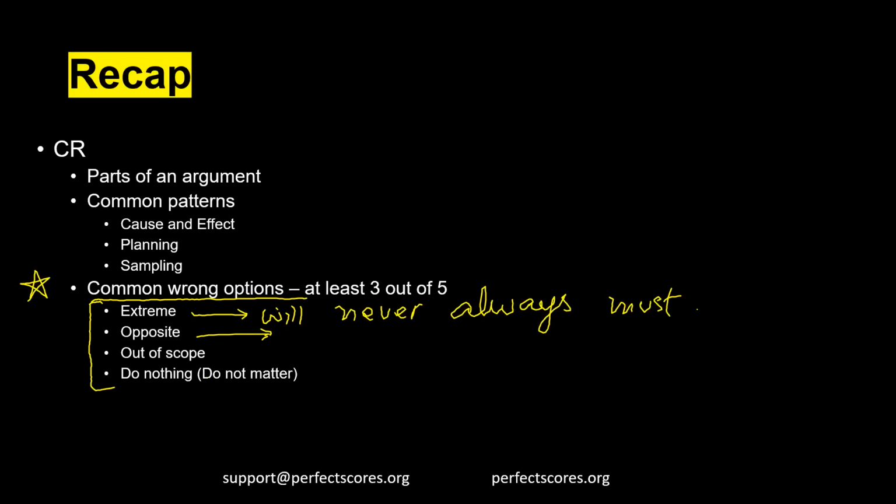The third is out of scope. Let's say the argument is talking about a particular city, A, but one of your options is talking about a completely different city, B. Again, it does not make sense because it's out of scope. Or if an argument talks about a city and the option talks about a country, again, it's out of scope. You need to be within a particular scope around the argument, using the facts mentioned in the argument, and then make a choice.